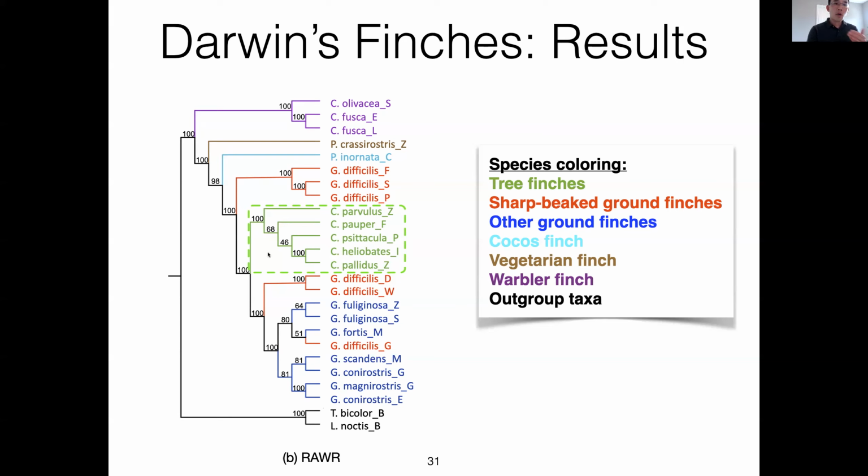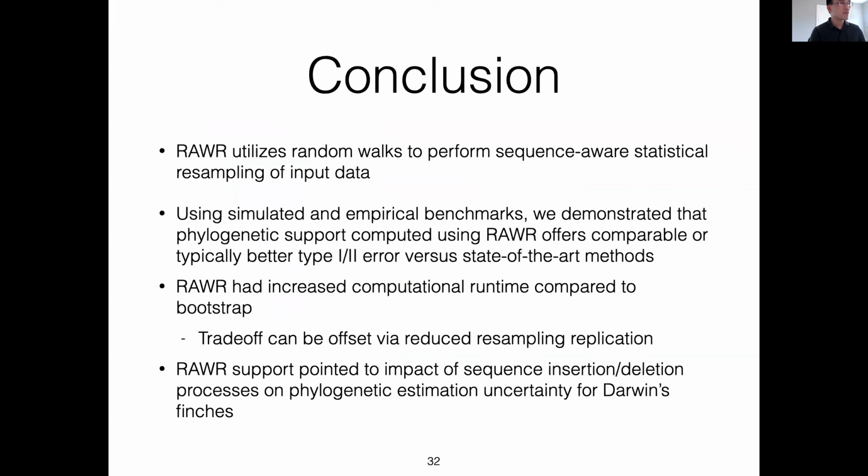Remember how I told you that this tree finch clade was the only one in which we had found topological differences in our re-estimated tree versus what was originally reported in the 2015 study. Basically, this RAWR analysis is pointing us to the same estimate of phylogenetic reconstruction uncertainty. And it's telling us that some of this phylogenetic reconstruction uncertainty is due to alignment uncertainty.